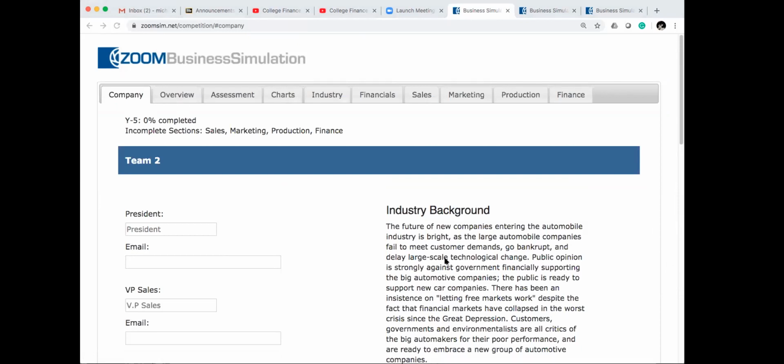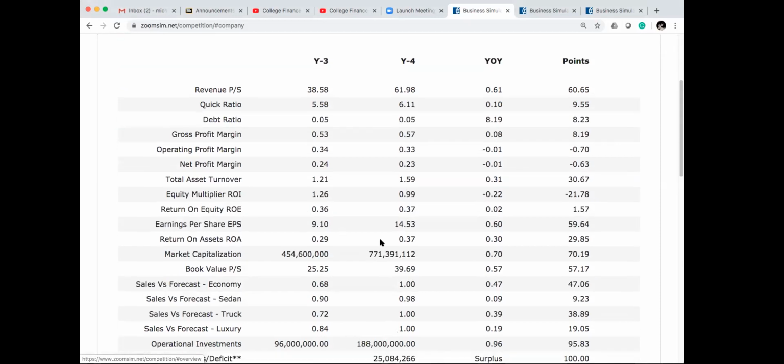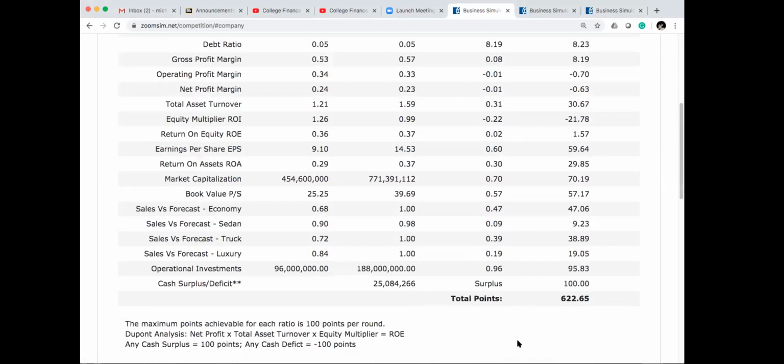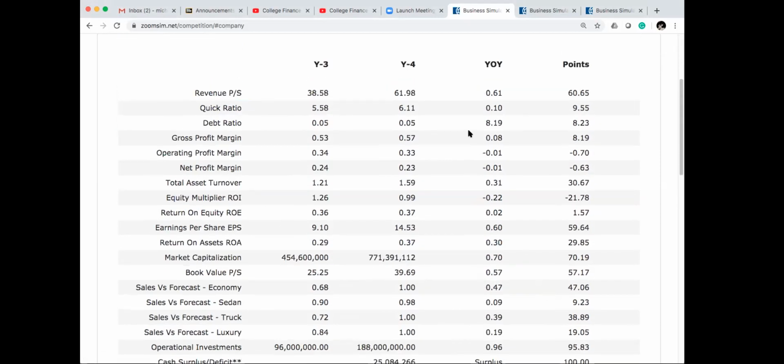All right. Okay, so here is my example team. In the overview, I can see that I got the 600 points here. Some key inputs: sales increased by 61%. I did better on the debt ratios. Gross profit margins went from 53 to 57, an 8% increase.